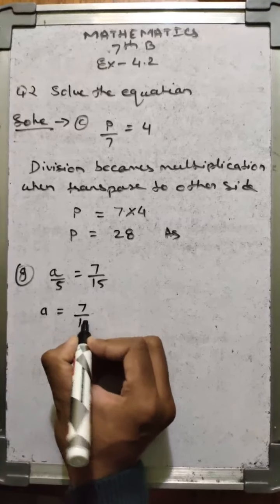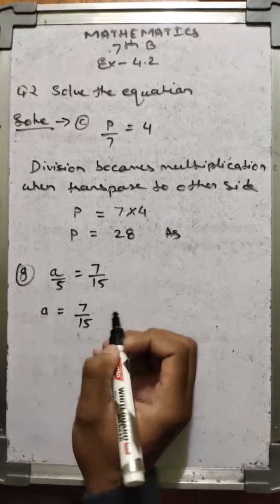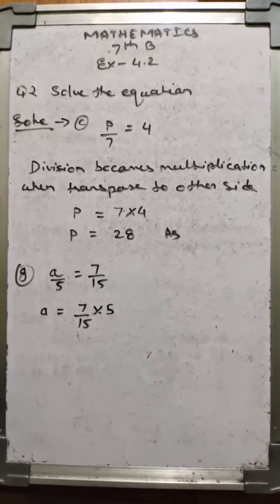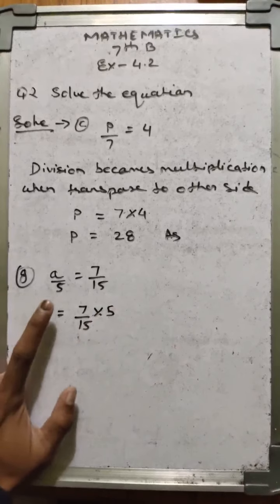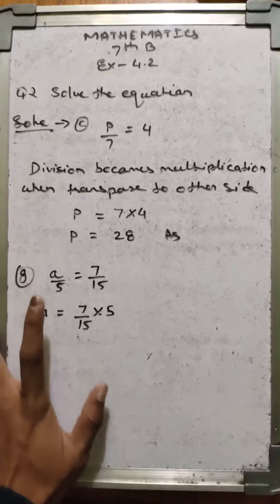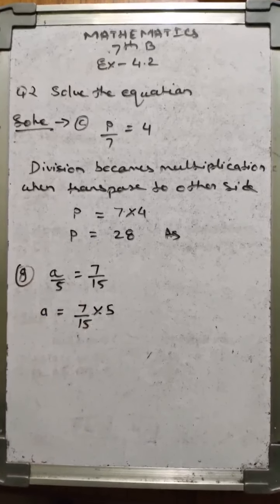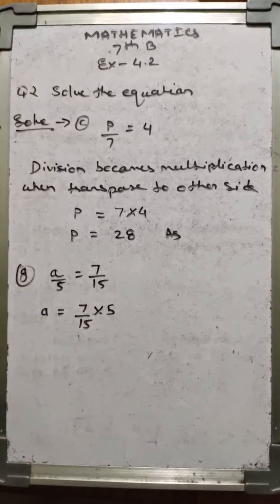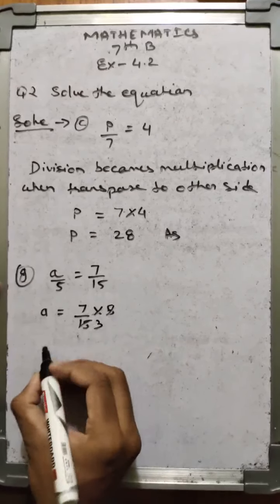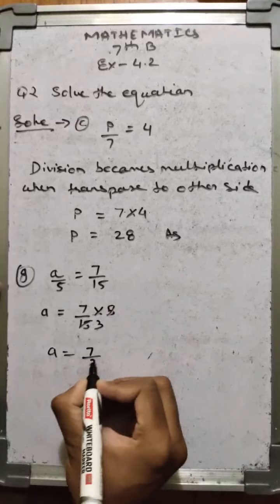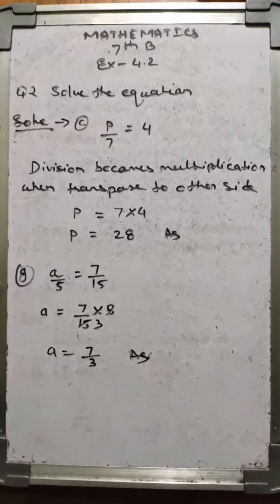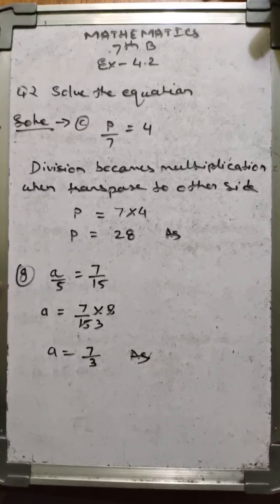So 7 by 15, now this 5 is in multiplication with 7 by 15, because here it is in division with a. When you transpose to the other side of equal to, it will become multiplication with 7 by 15. Now 5 3s are 15, and you are going to get the value of a is 7 by 3. This is your answer. I hope you understand how these things are working.